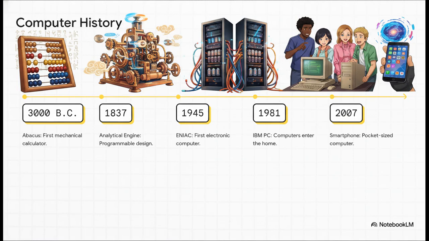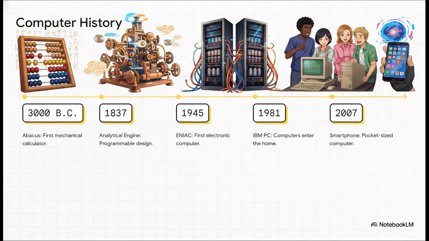You know, it's so easy to think of computers as this totally modern invention, but this journey actually started thousands of years ago. Around 3000 BC in Mesopotamia and China, we had the abacus. That was essentially the very first mechanical computer, using sliding beads to process calculations. Fast forward all the way to 1837, and a guy named Charles Babbage designs the analytical engine, which was the first mechanical programmable computer.